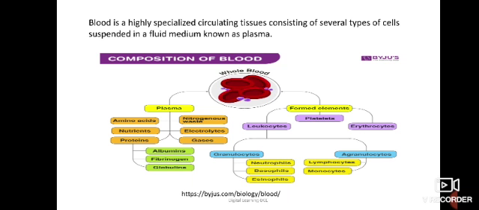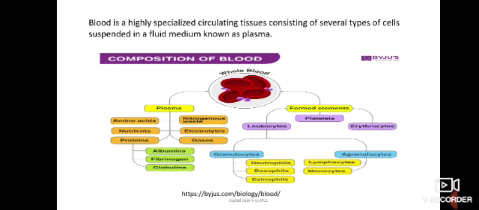Blood is a highly specialized circulating tissue consisting of several types of cells. The 3 types of cells are suspended in a fluid medium known as plasma.